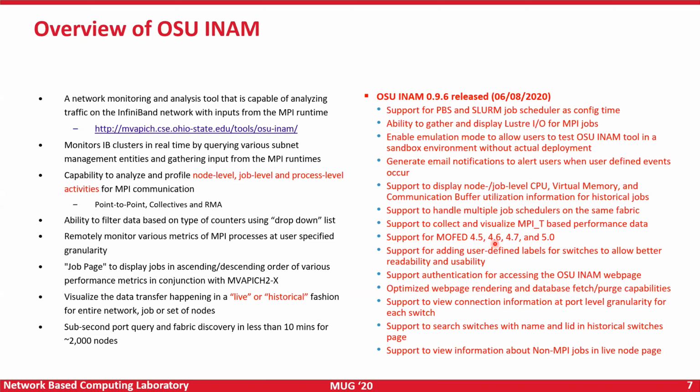So how do you uniquely track them instead of having really long names that the vendors probably gave them? Can we have understandable names like leaf switch 1 or leaf switch 2, spine switch 1, rack 1 leaf switch, things like that? So we have that flexibility to give user-defined labels.